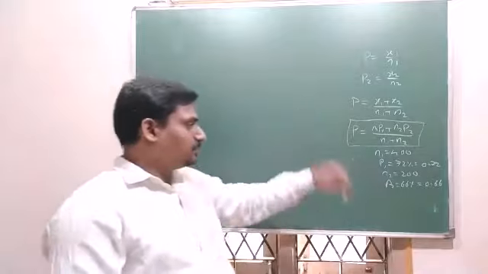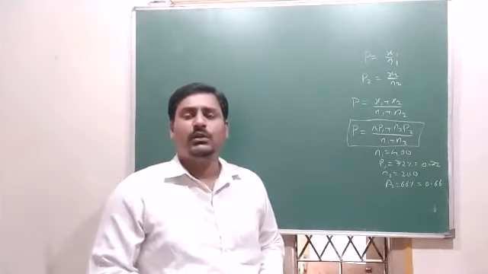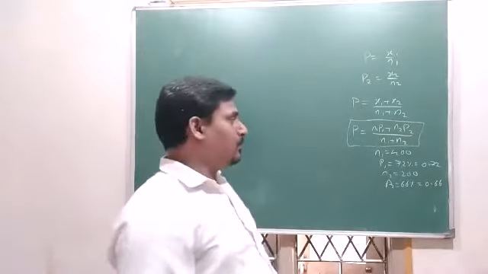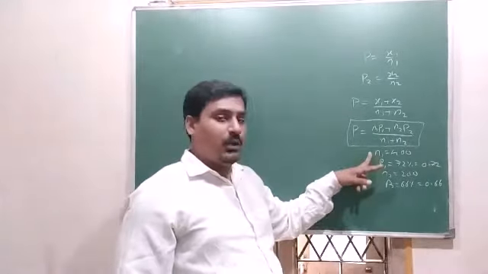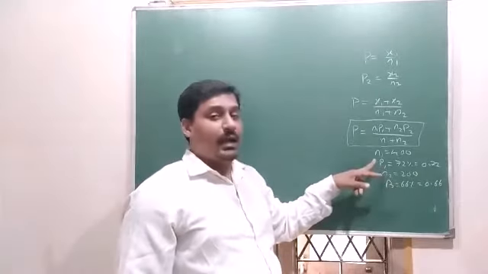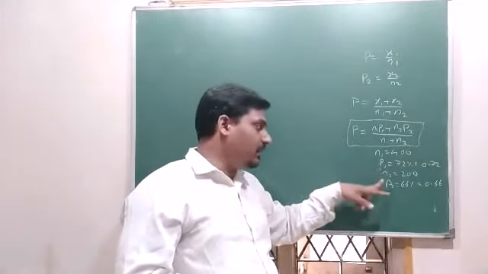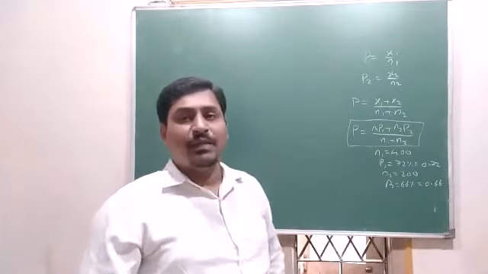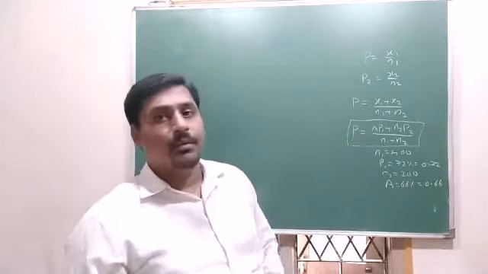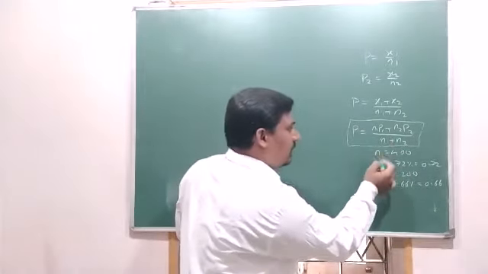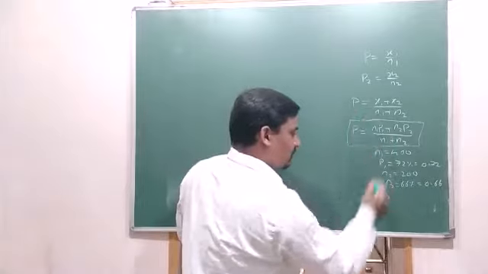Now the first thing we need to do is find the population proportion, capital P. In this problem N1, N2 and the proportions of both populations, P1 and P2, are given. So with the help of that we have to find the proportion, capital P. Since P1, N1 are given, we use this formula.